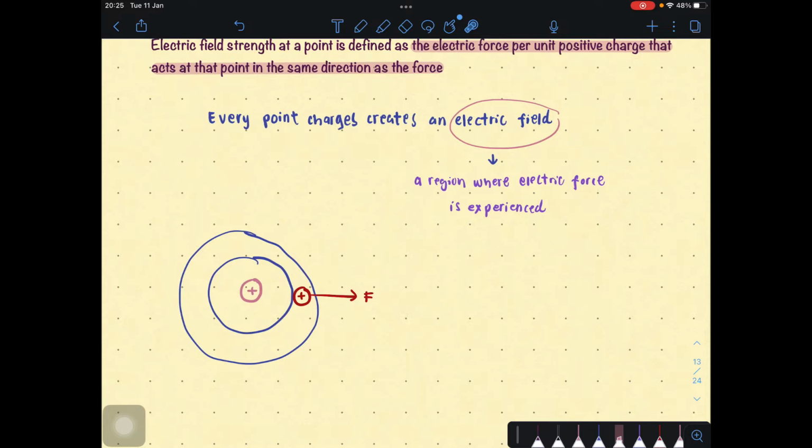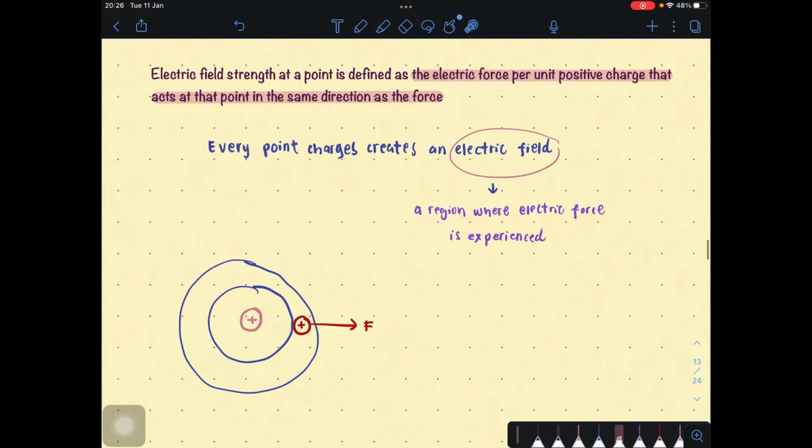So it is the same for a negative charge. A negative charge will also have a region around it that we call an electric field. No matter whether it is a positive charge, a negative charge, or more than one charge, there will always be a region around it that we call an electric field.